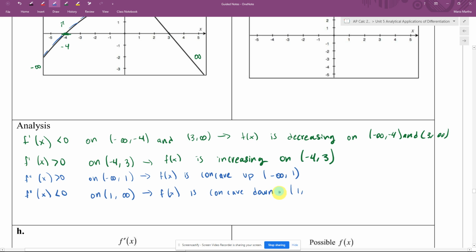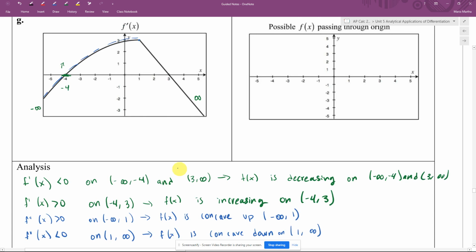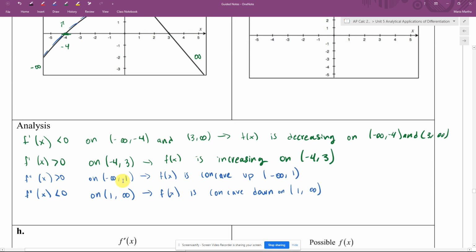And then again, when f double prime of x is equal to 0 or it's undefined, we can say that right here we have a point of inflection. So we're going to say that f of x has a point of inflection at x equals 1.